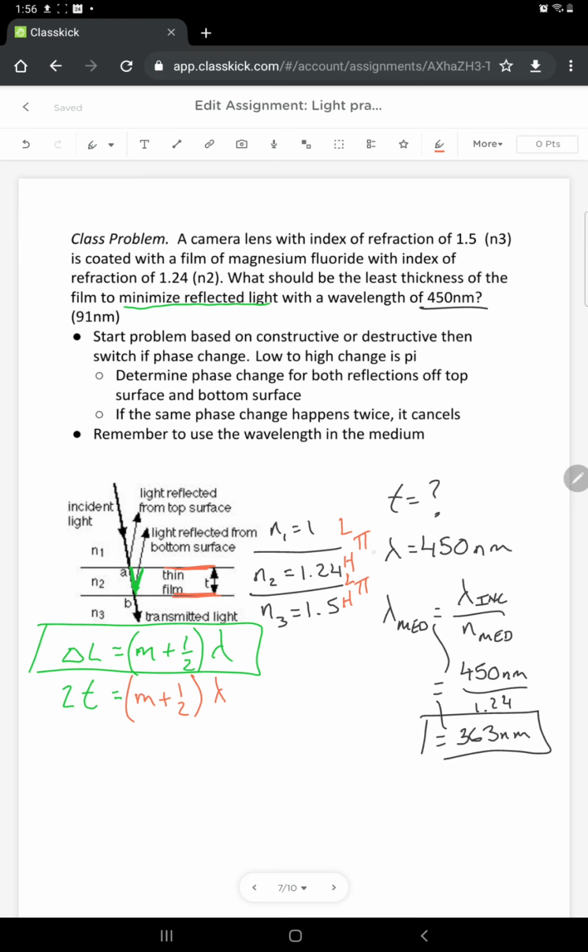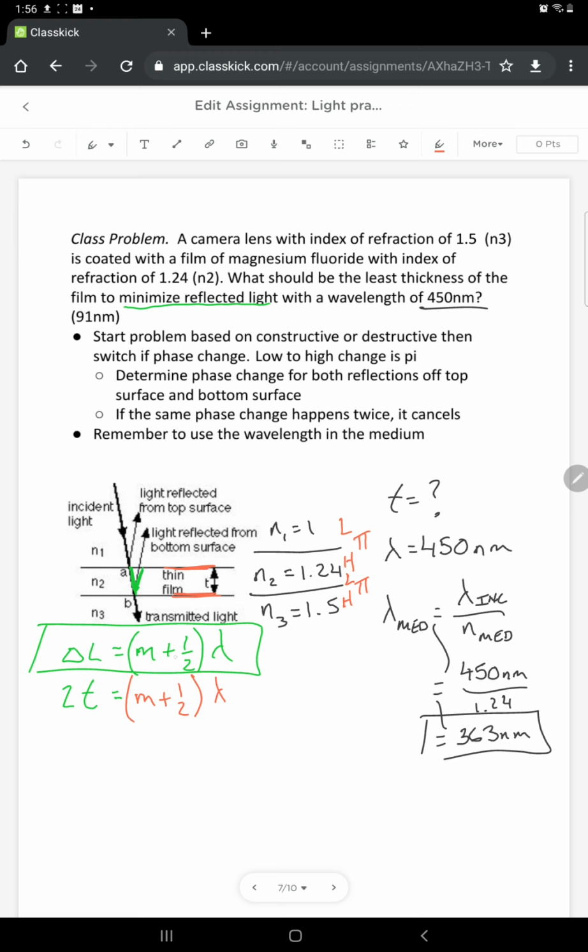If this had been a low to a high, but then say this n3 was air again, then n3 would be 1. Then we're going from a high to a low, change is no. High to low, change is no, which would mean we have only one phase shift. So we do have a naturally occurring phase shift just from the wave reflecting off the surfaces.